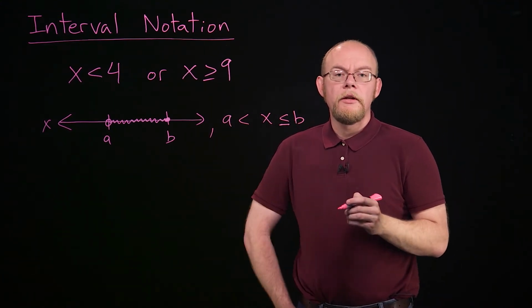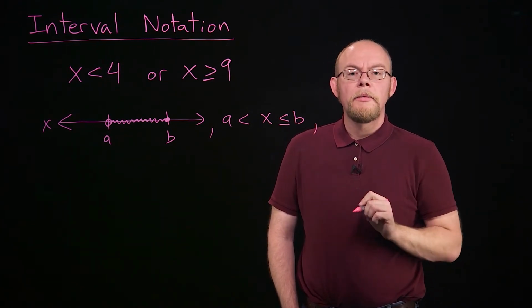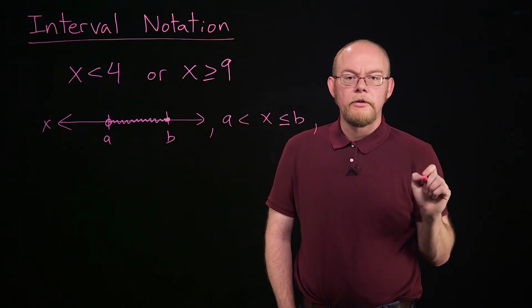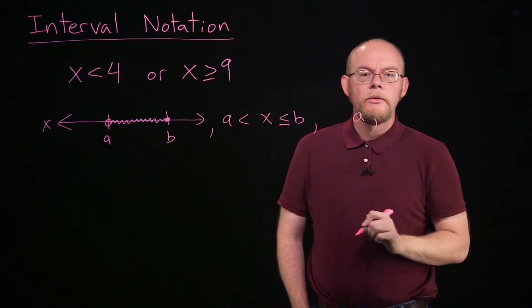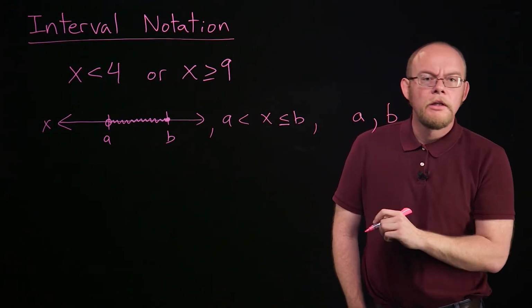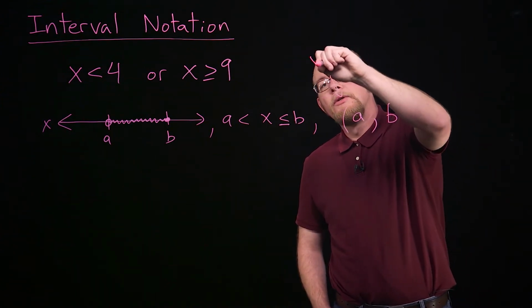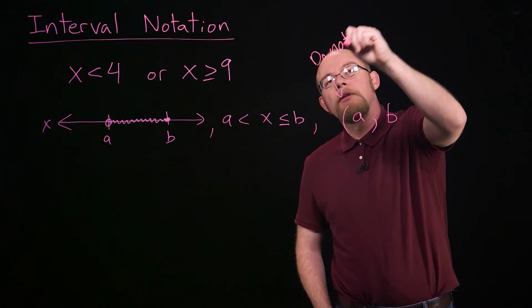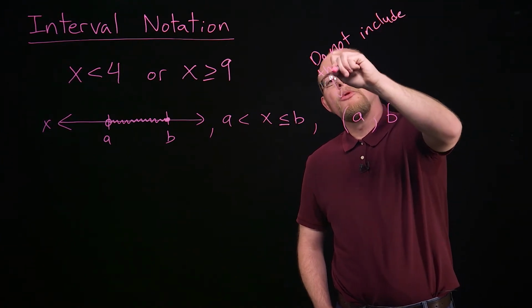Another way to do it is with interval notation. And the way we write that down is we move from left to right by writing the lesser values to the greater values. So if we look at this, the lesser value is A, so we start at A, then we include a comma, and then we go all the way to the larger value B. Now, when we write this down, we include a round parenthesis when we do not include the endpoint.